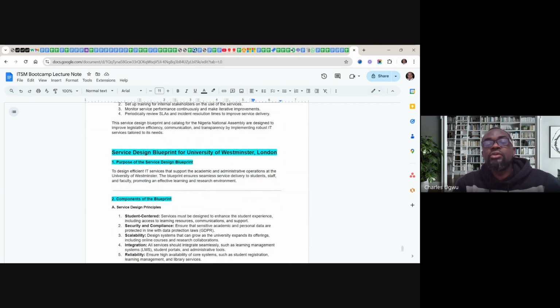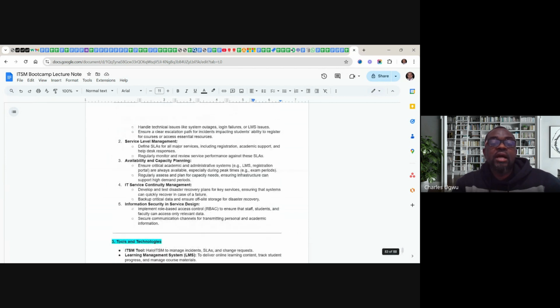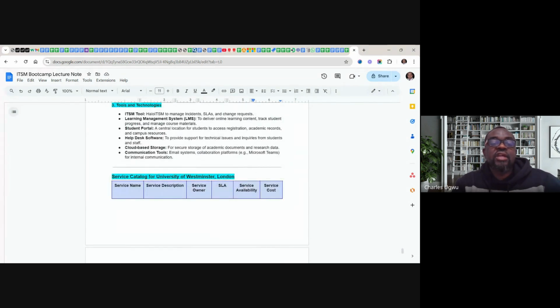So if you want one for the educational sector or industry, such as the University of Westminster, you need a different IT service catalog.